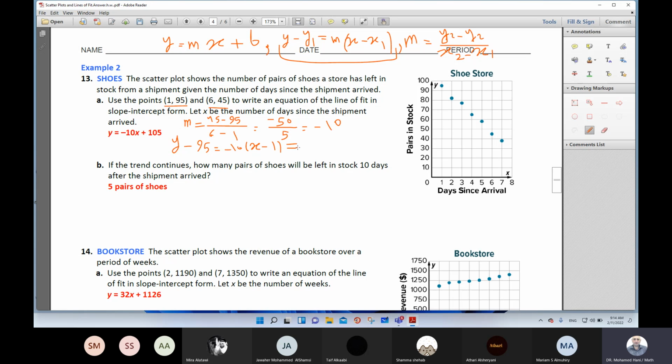So you can simplify this equation, and we want to write it in this form, y equal mx plus b. So we can remove negative 95 from this side. You can add positive 95 to the two sides.